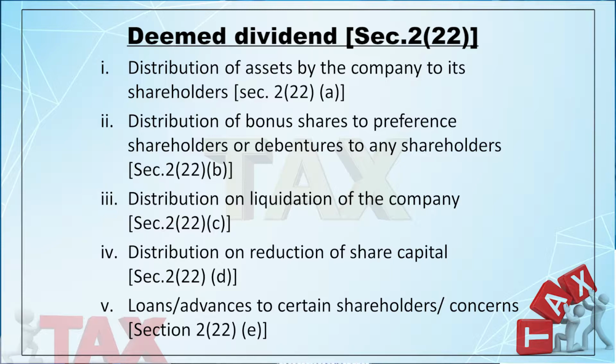And if it is a deemed dividend, it will be taxable in the hands of the company. So, as per Section 115O, Section 2 subsection 22 clause E is excluded. It is not taxable in the hands of the company.